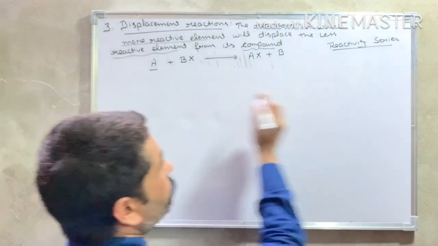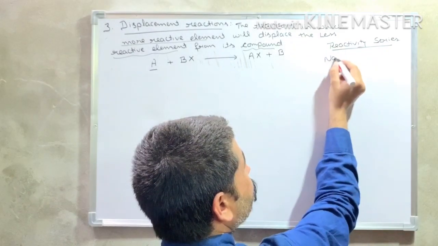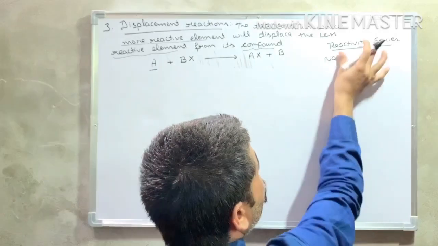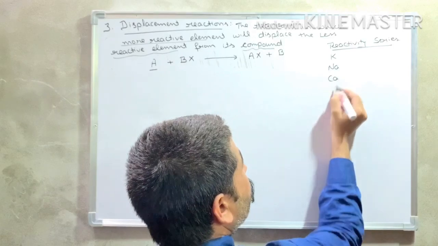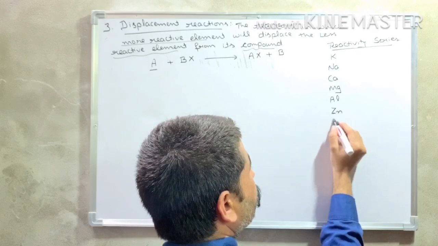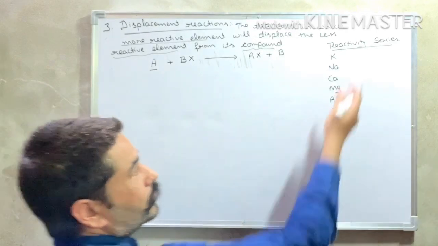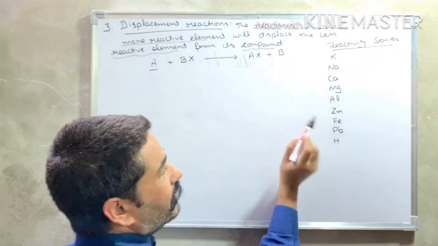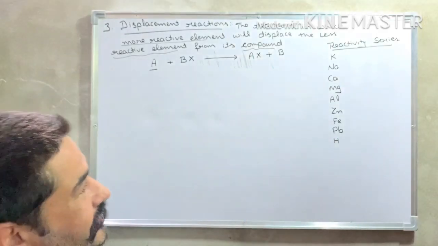The reactivity series: first is potassium, sorry, then sodium. You can learn it with the pattern, काली नाम का माली आलू जरा फीके पकाता है. This is the way you can learn this reactivity series.